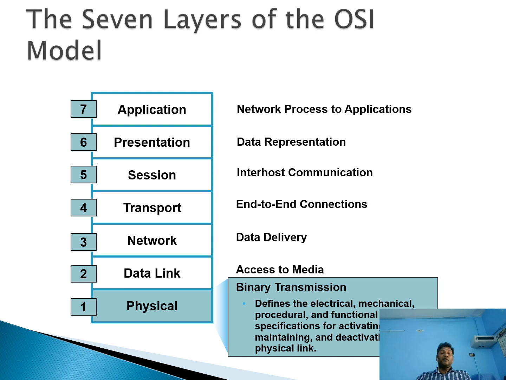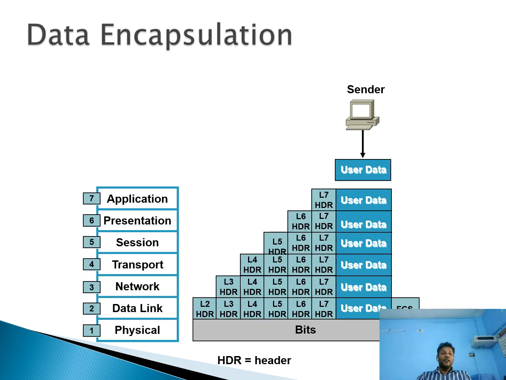It manages the medium of transfer, which may be guided or unguided, that is wired or wireless. Next, we see data encryption, how the 7 layers function and how the data is sent to the receiver.